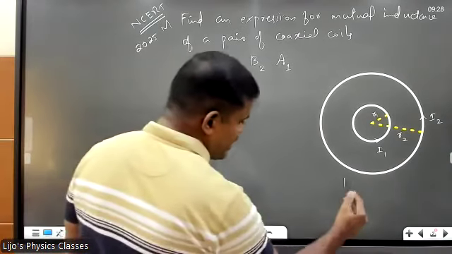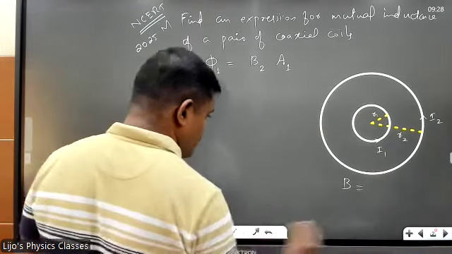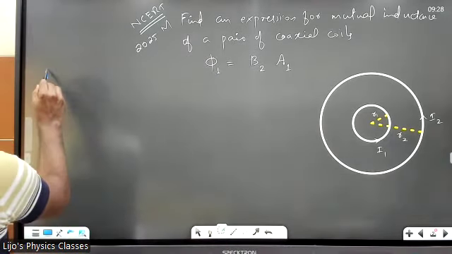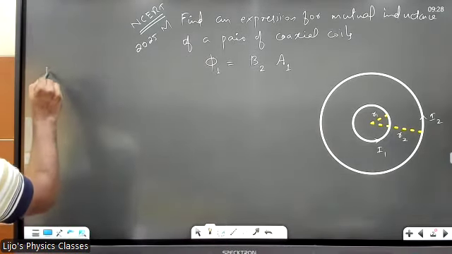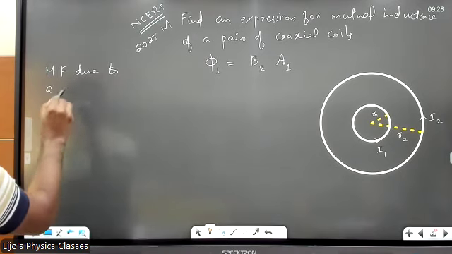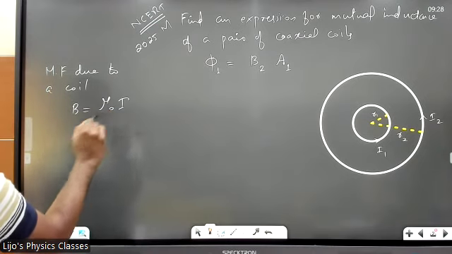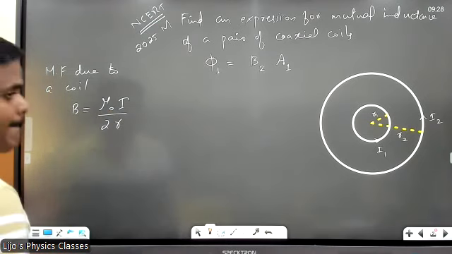On the margin, you write the magnetic field due to a circular coil. You learned it in the last chapter. Magnetic field due to a coil, B is equal to mu 0 I by 2R.